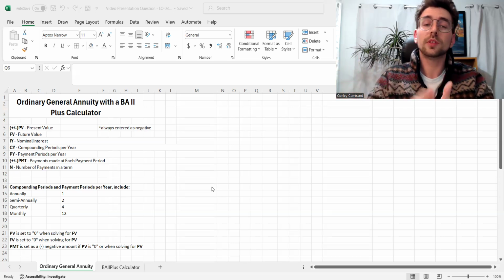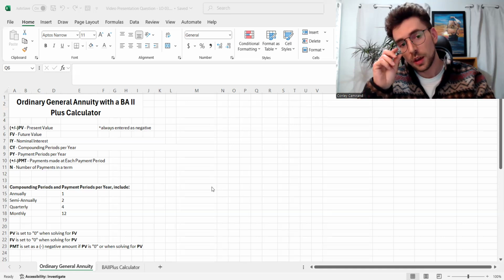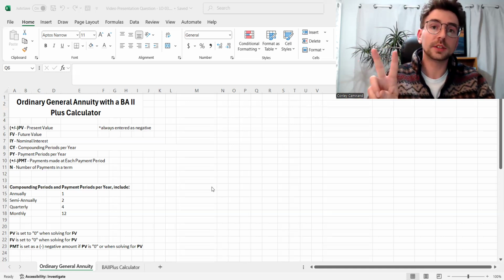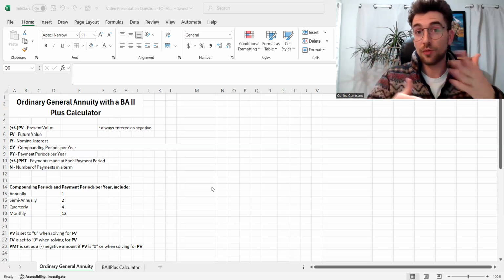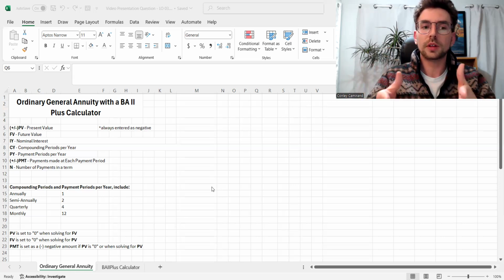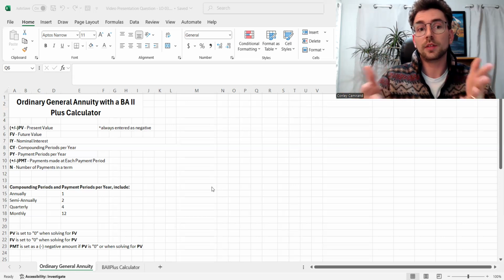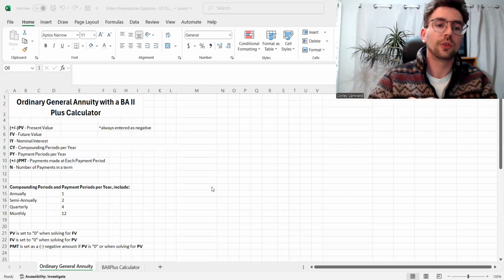This can be valued as annual, meaning one time throughout the year; semi-annually, meaning twice a year, every 6 months; quarterly, 4 times a year, every 3 months; or monthly, every month, which equals 12 compounding periods or 12 payment periods for the year.